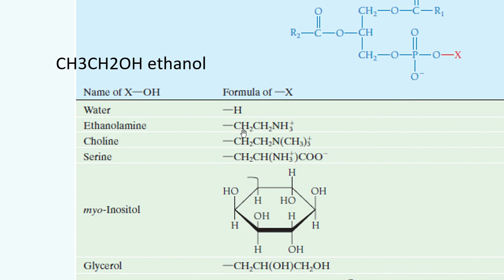So this two carbon compound having an amino group on it is ethanolamine. And if you can recall the structure of ethanolamine, it is easy to remember the structure of choline. So if you substitute these three hydrogens attached to nitrogen by methyl groups, the resulting molecule is choline.